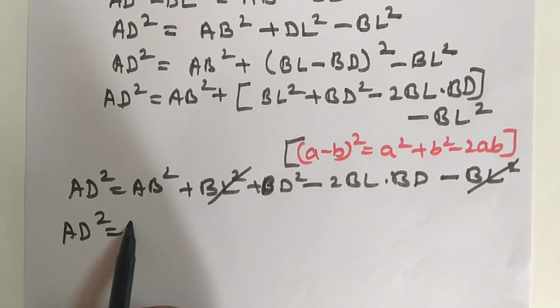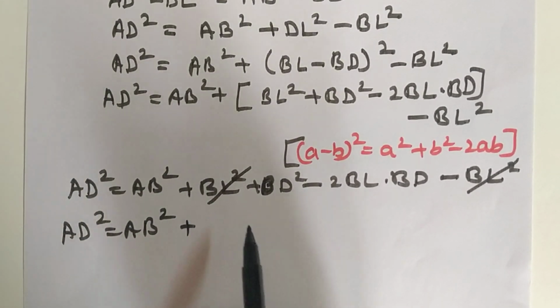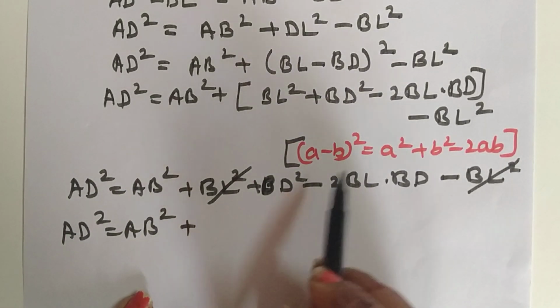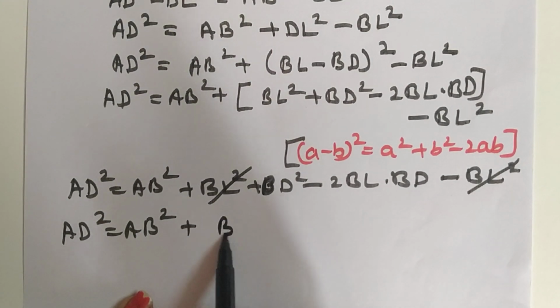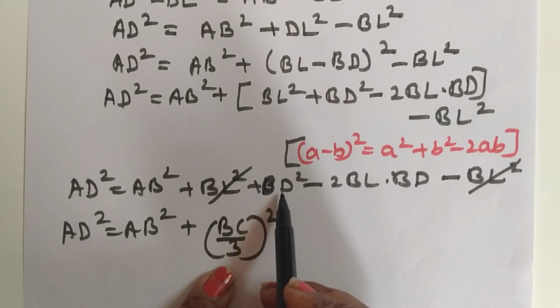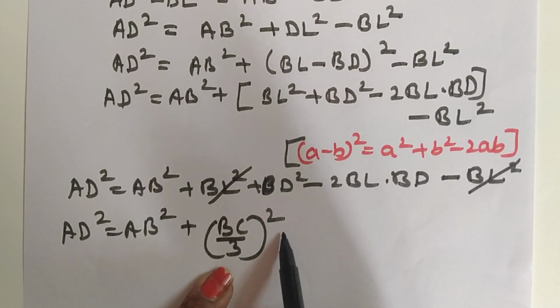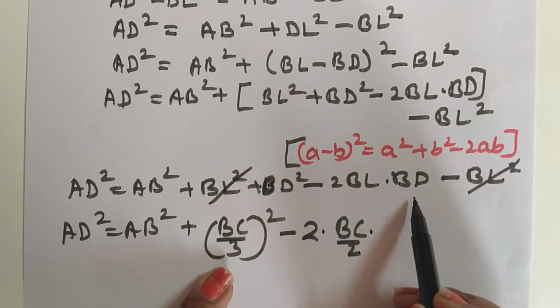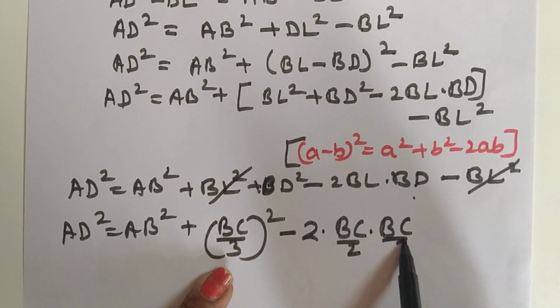AD square is equal to AB square plus, instead of BD square, we are going to write BC upon 3 whole square, because BD is equal to BC upon 3. Minus 2, BL is BC upon 2 into BD is again BC upon 3.